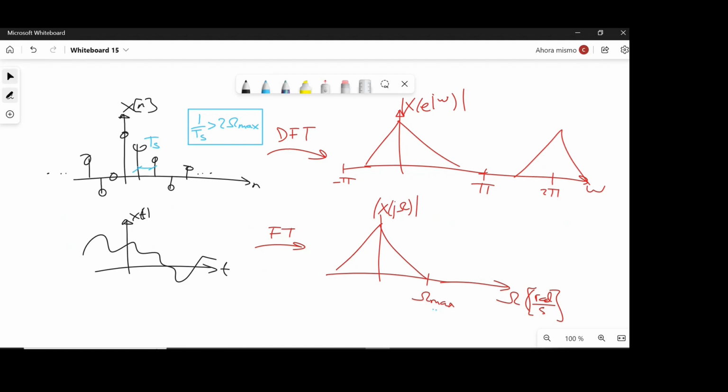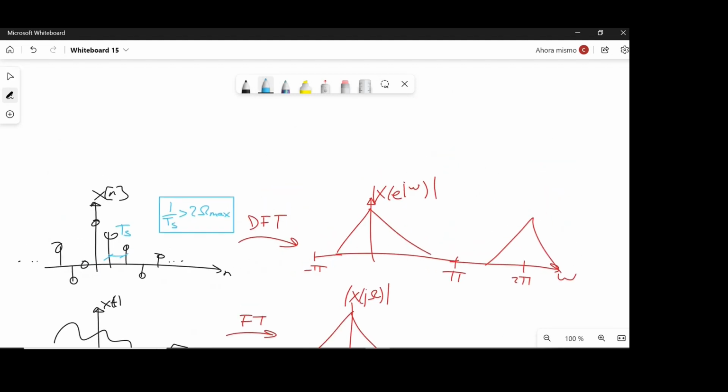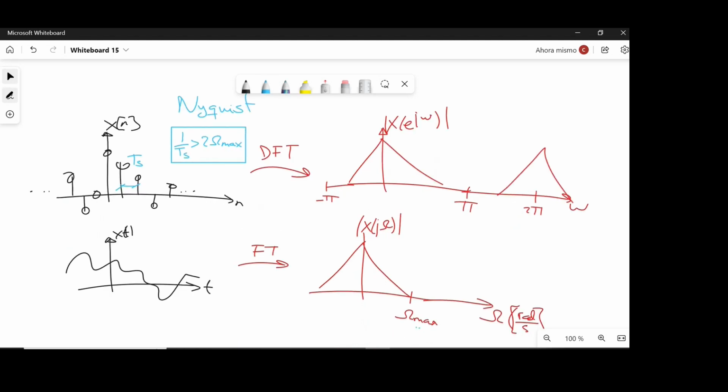Nyquist condition. Okay, so this is called the Nyquist condition. And if we violate the Nyquist condition, what happens? We cannot recover, if you violate this, you cannot recover the continuous signal from the samples.